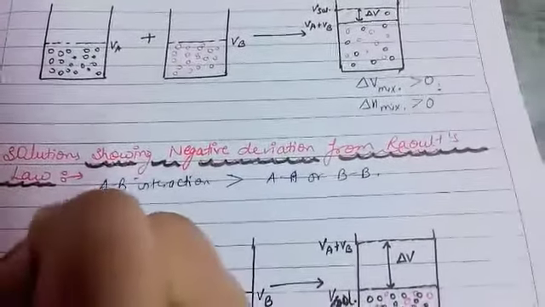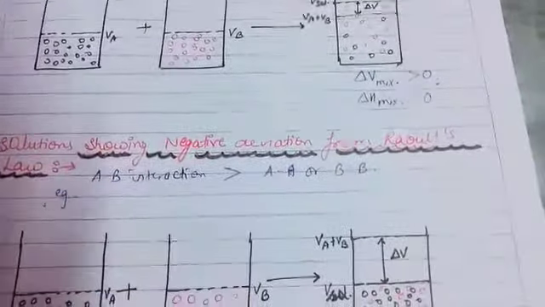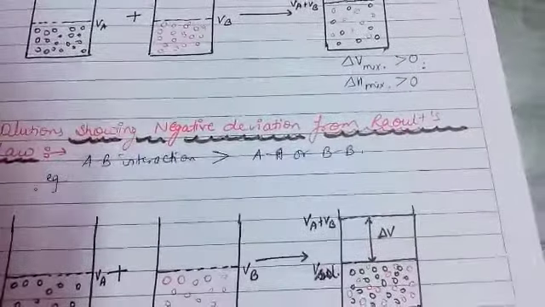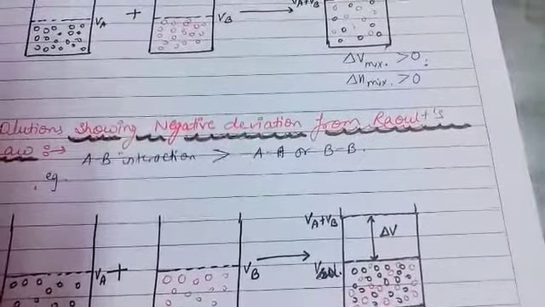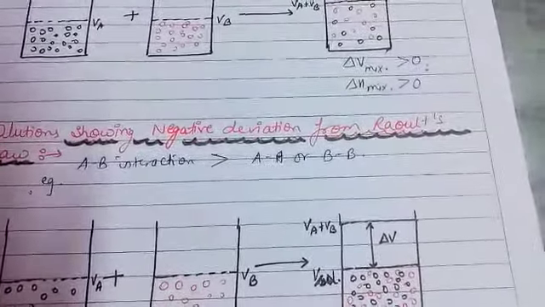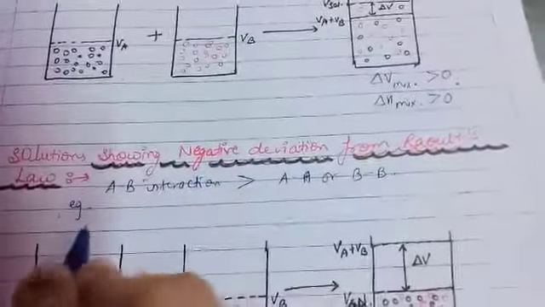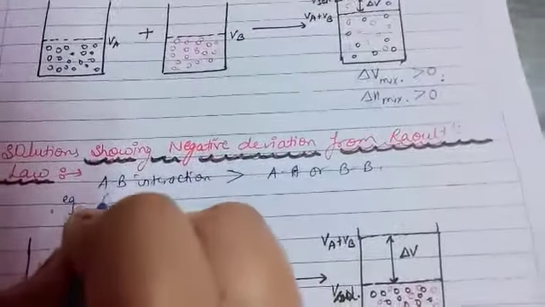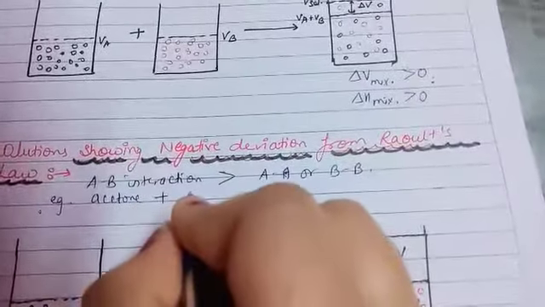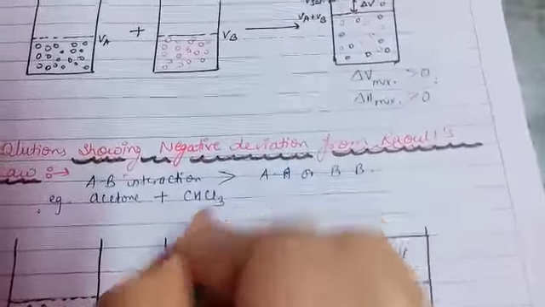For example, you can take any example, either water plus HNO3, water plus hydrochloric acid, chloroform, benzene, acetone, chloroform, so many examples we have. I'm explaining this with the help of an example: acetone plus chloroform, CHCl3.